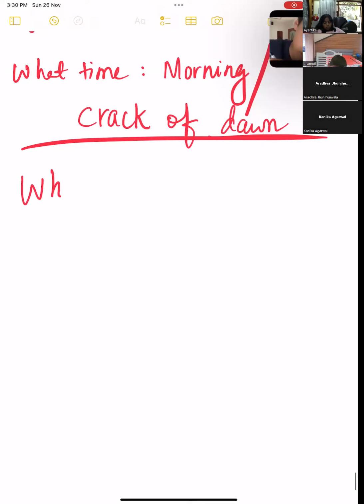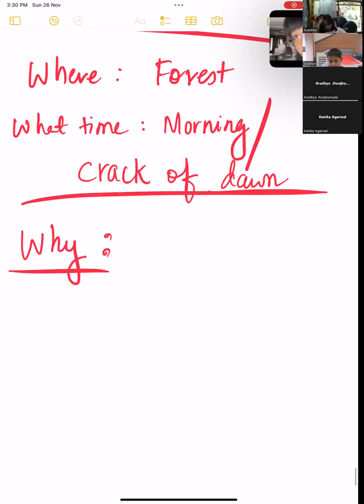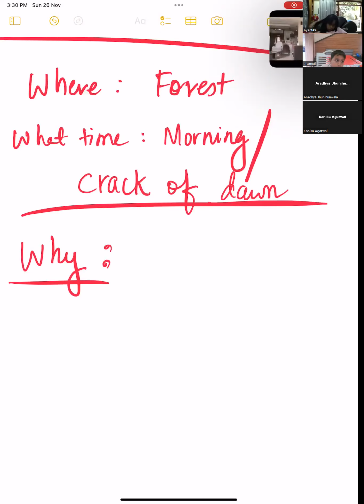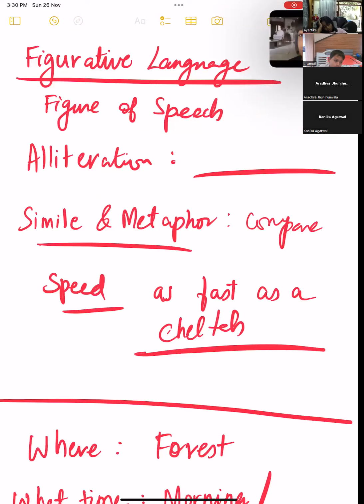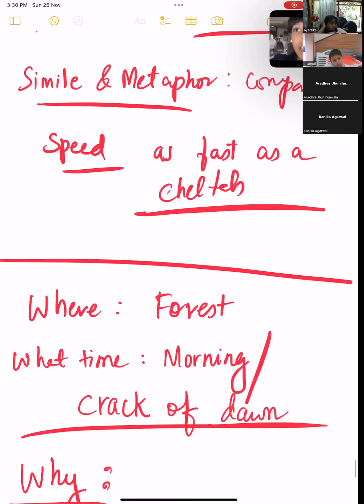And the last question that I would ask here is, why was he running? That will make your sentence a complete sentence. Okay? Think about it. Thinking is very important. Right now, I have provided everything to you. You will just have to put them together. There was a ferocious tiger. He was running as fast as a cheetah at the crack of dawn. And why was he running? To chase something that he wants to eat, to chase his prey.